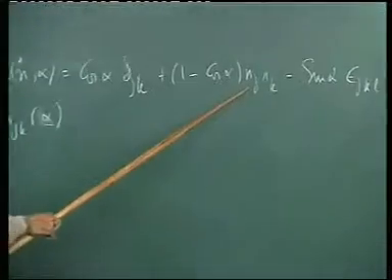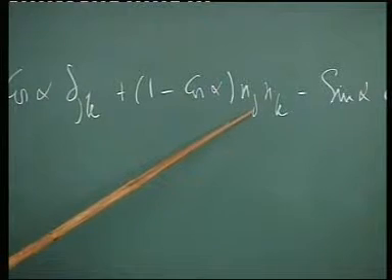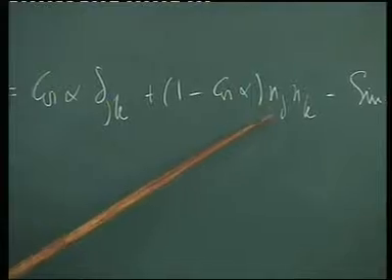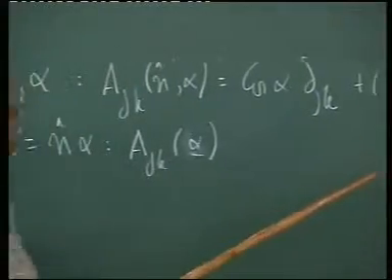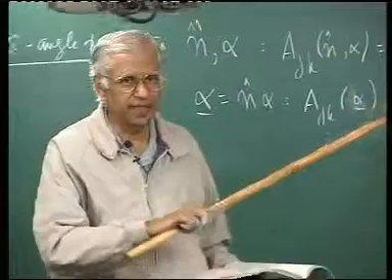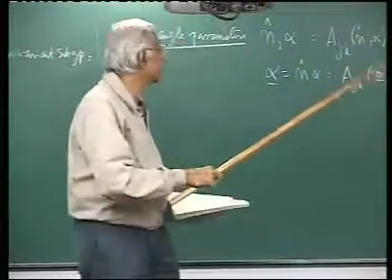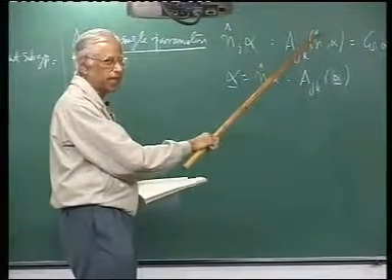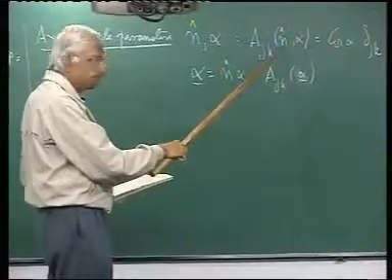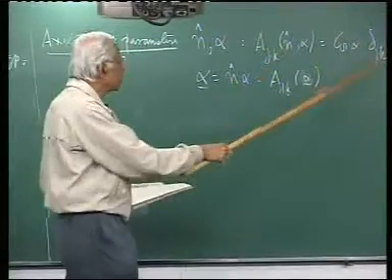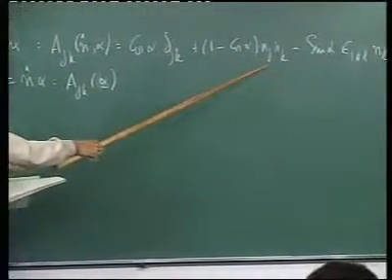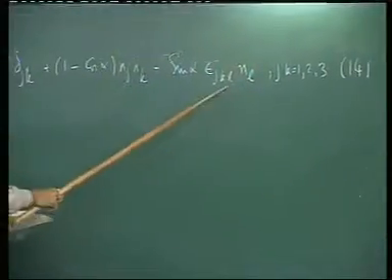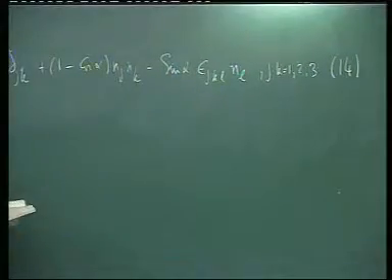It is the jth component of n, which is some number, multiplying the kth component of n. There is no dot product here. What is the confusion? This is a unit vector, that is the meaning of this caret. So it has an x and a y and a z component, or a 1, 2, and 3. And I'm just calling them n_j, j equals 1, 2, 3. And l is, of course, summed over. This is the lth component of n.